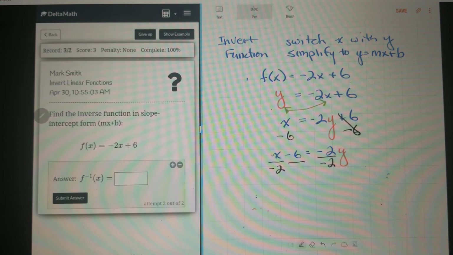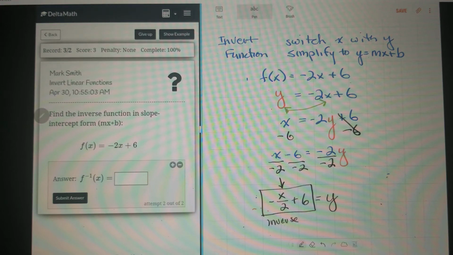I'm going to divide this by negative 2 and this by negative 2, and that gives me negative x over 2, and negative 6 divided by negative 2 is 3. So that's our answer. This piece right here is our inverse function.